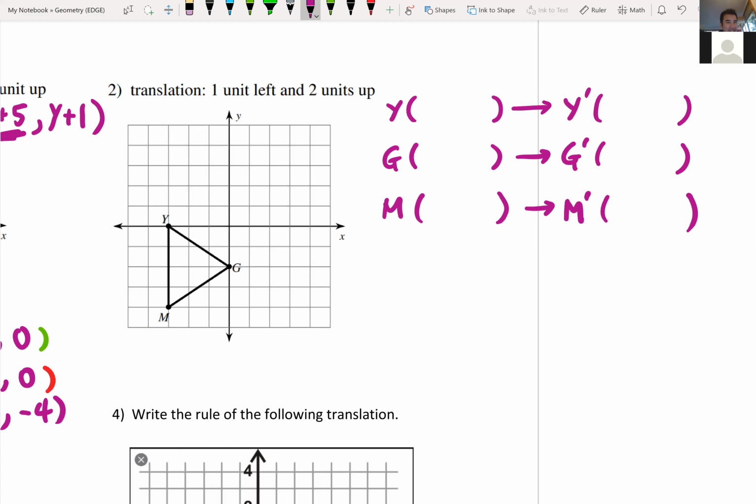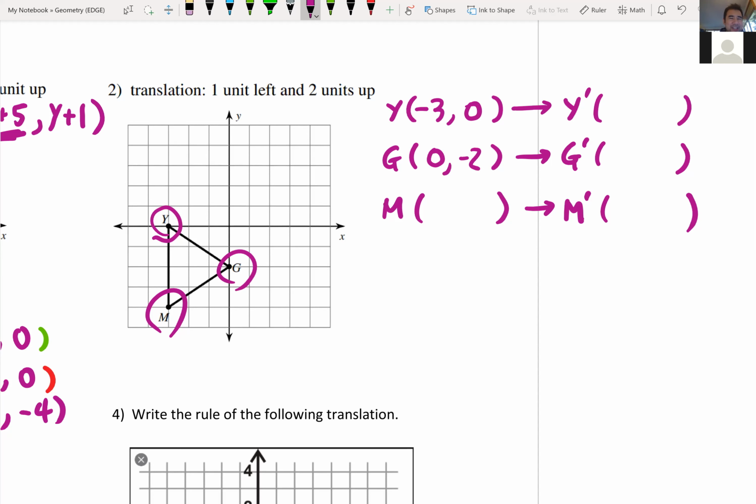All right, well, let's get started, okay? Let's just go one at a time. Let's figure out all the coordinates for the original shape. So what's the coordinate for y? It will be -3, 0. You okay on that? And then g will be 0, -2.